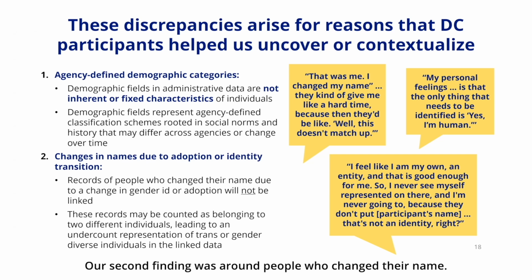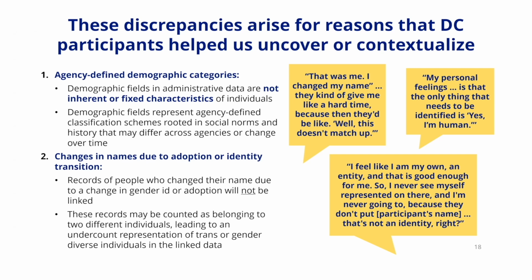Our second finding was around people who changed their name. Our data chat participants identified two groups of people who may be more likely to change their name: transgender individuals and individuals who age out of foster care or get adopted. If you remember earlier, we said that we link individuals' records by their name and date of birth, thinking that these categories are objective.